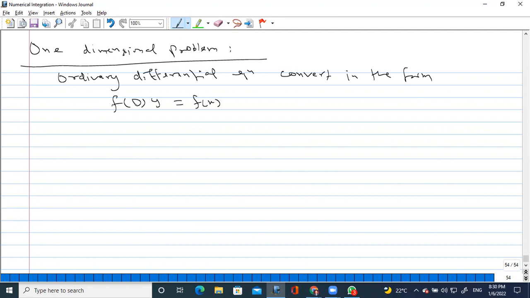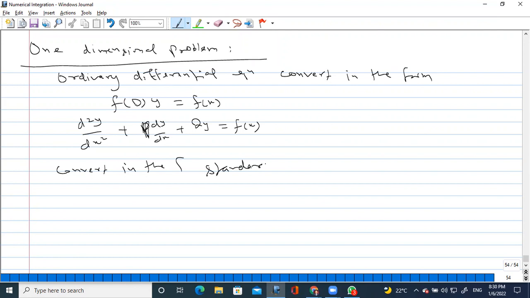So this left hand side, what it was: d2y over dx square plus p dy by dx plus qy equal to f(x). This I have written like this. So convert in the standard form. This is my standard form.